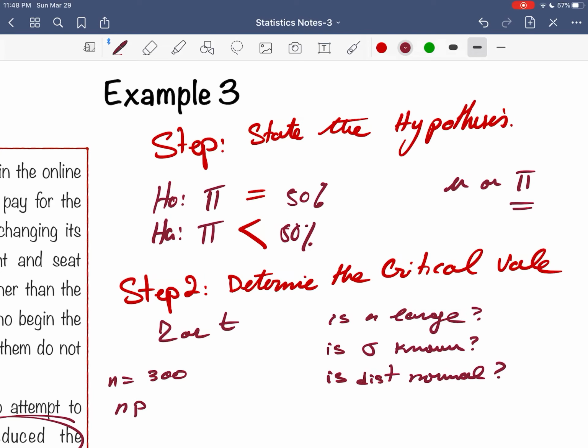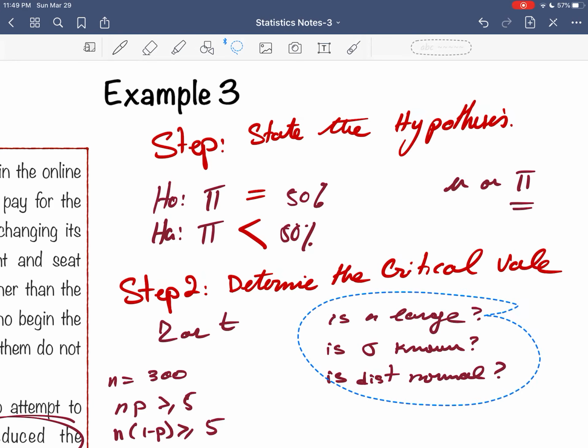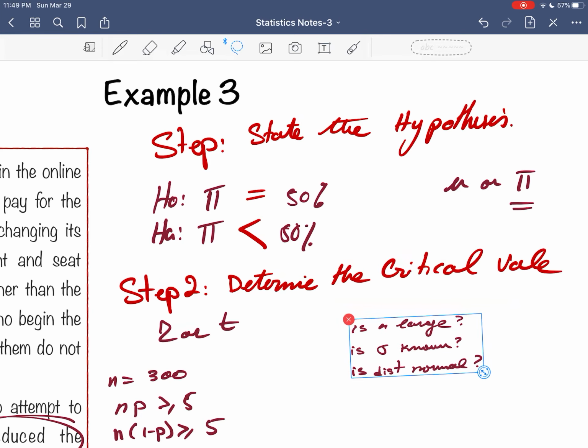So N times P is greater than or equal to 5. And N times 1 minus P is greater than or equal to 5. The thing we don't know yet is P, which is easy to calculate. I'm going to go ahead and do it right here. Just going to make this a little smaller.